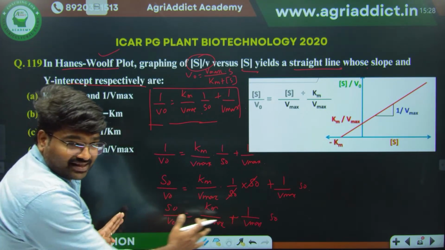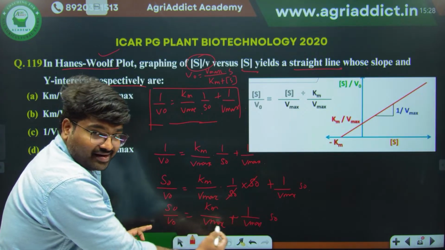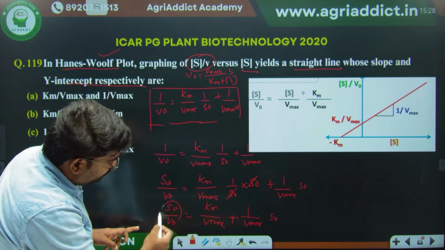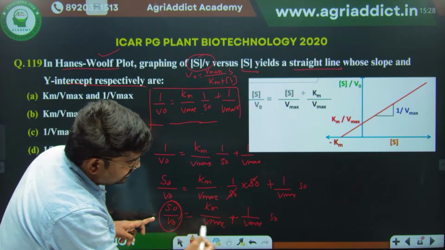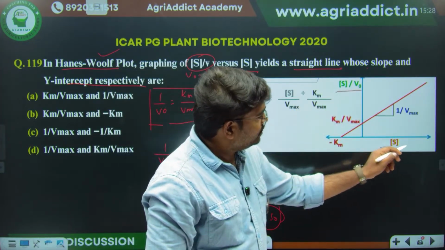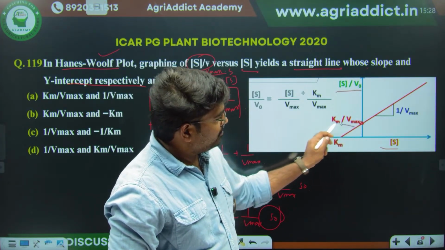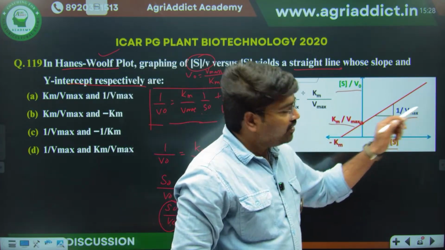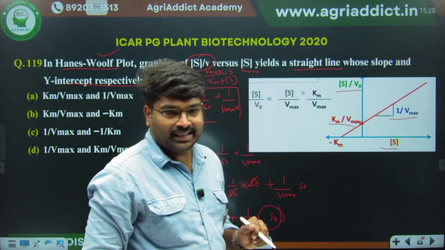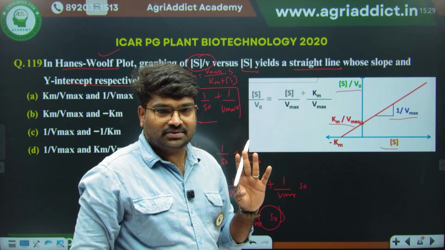This resembles a linear equation. If you draw a graph of S0/V0 against S0, we will get a y-intercept of Km/Vmax and a slope of 1/Vmax. This is clear. In the Hanes-Woolf plot, we just multiply by the substrate concentration.